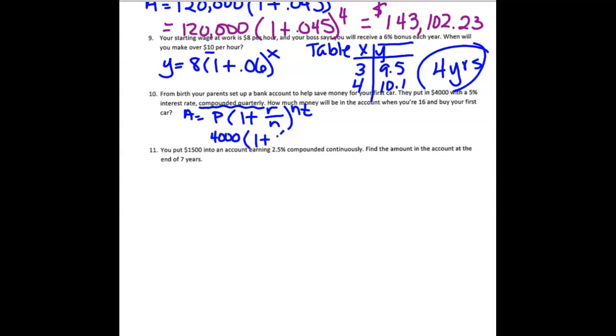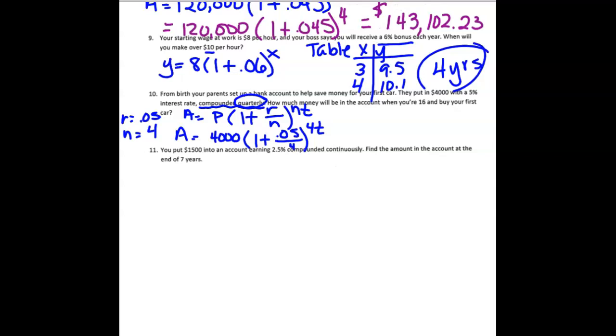As a decimal, we'd have 0.05. It's being compounded quarterly, so our N value is going to be 4. Quarterly means 4 times a year. And then our power is going to be 4t. Okay, that's our generic model.